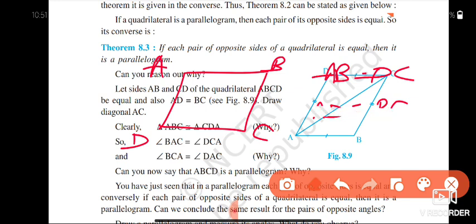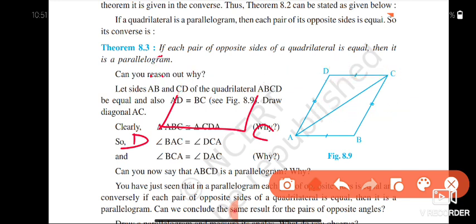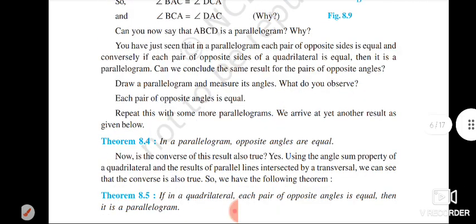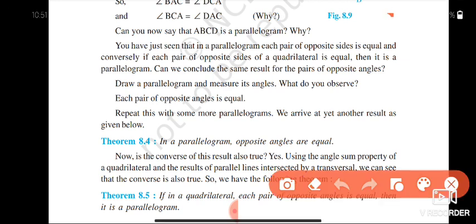Then after, next theorem, theorem number 8.4: in a parallelogram opposite angles are equal. So now opposite sides are equal, and next is opposite angles.